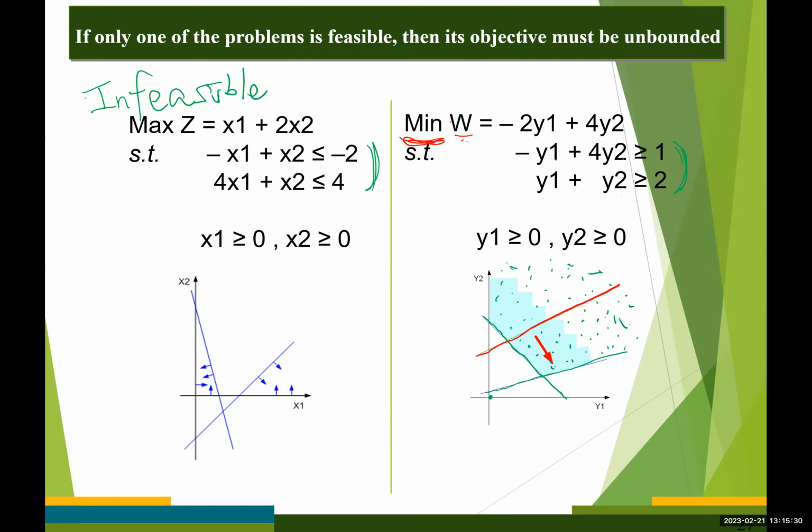So our dual objective function value, W, will be improved if we move the isovalue line in this direction, right?